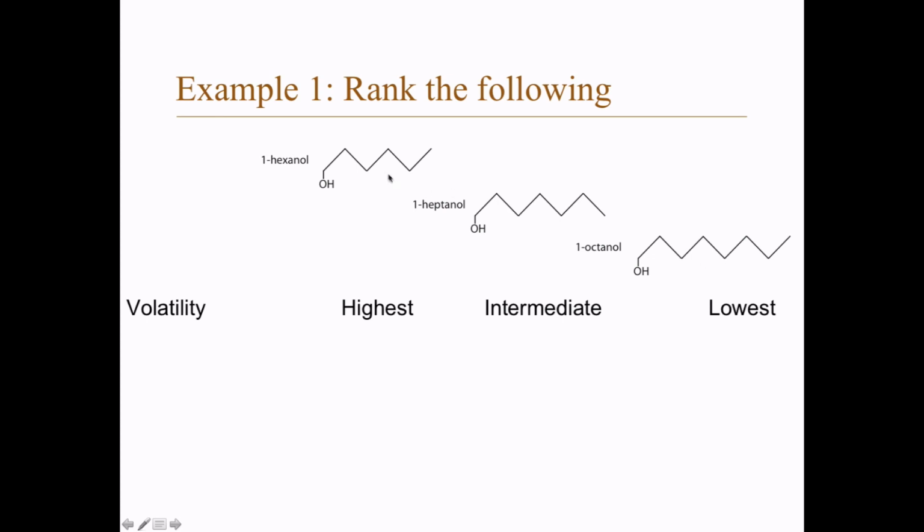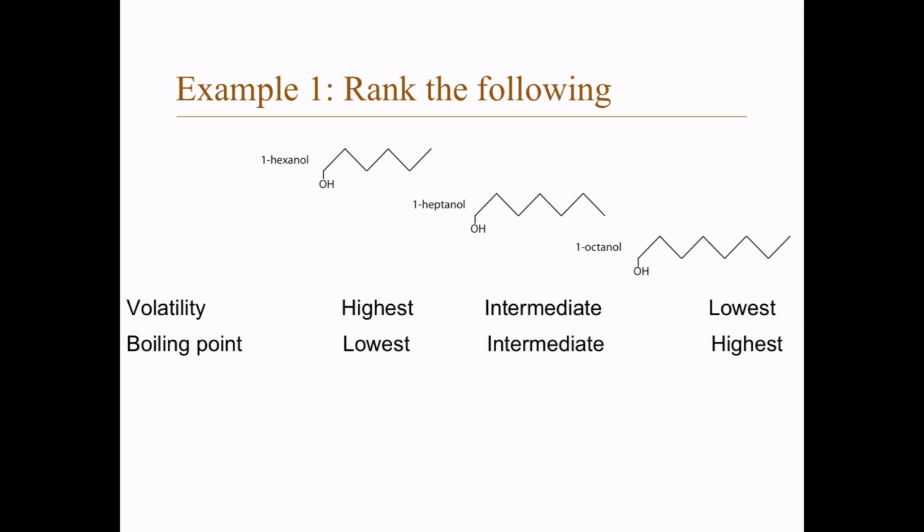If you have a short Velcro, it doesn't stick so well, and if you have a long Velcro, it sticks better. So the forces between two molecules of 1-octanol is larger than the intermolecular forces between two molecules of 1-hexanol. So the volatility is lowest for 1-octanol and highest for 1-hexanol.